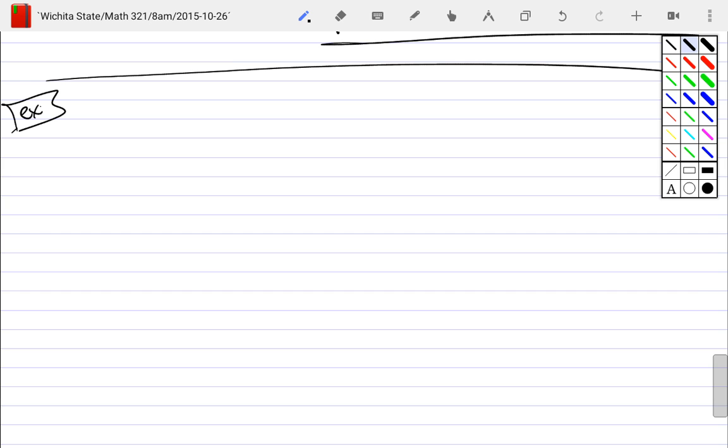Let's say that my statement P of n, a positive integer, denotes the following. 1 plus 2 plus everything up to n does indeed equal n times n plus 1 over 2.